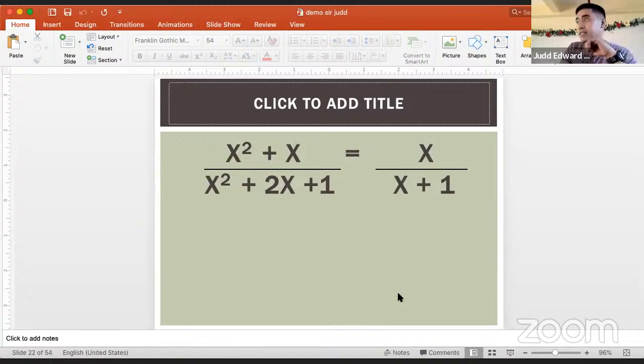Okay, I'm giving you 30 seconds to look at the given example. Is this an identity or conditional equation?